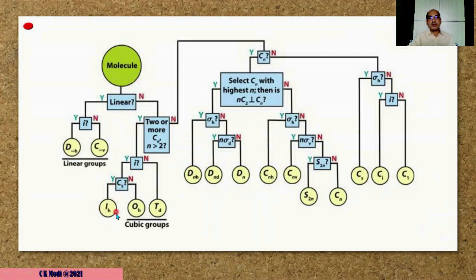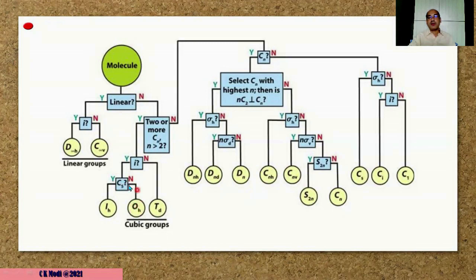Okay, so how to find out the icosahedral point group? Here the molecule is not linear, but it has a number of rotation axes where the value of n is greater than 2. Center of symmetry I is present, yes. Also with a number of C5 axes present, then the point group is icosahedral. Now if the C5 axis is absent, no. Okay.